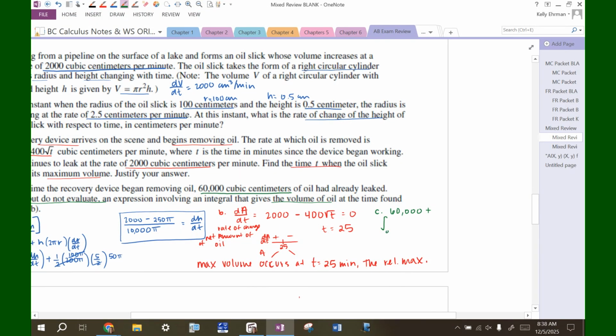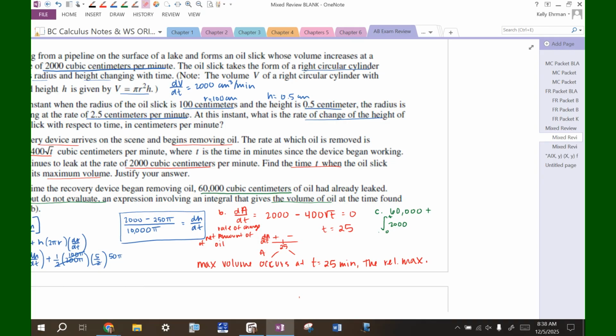So from time 0 to time t, we've got 2,000. This rate of 2,000 is still leaking in. And that would just be like dt. My pen stopped working. Sorry. At the time, sorry, not 0 to t.